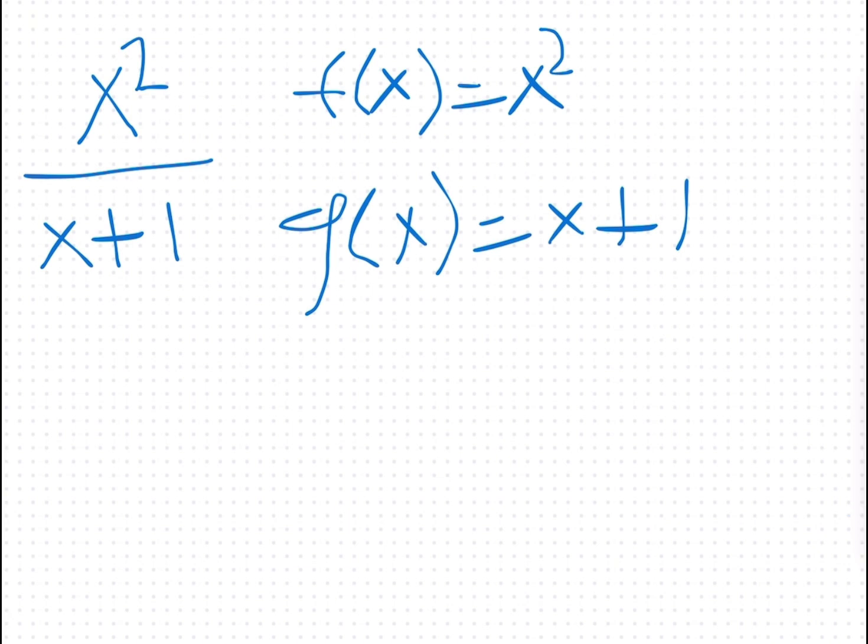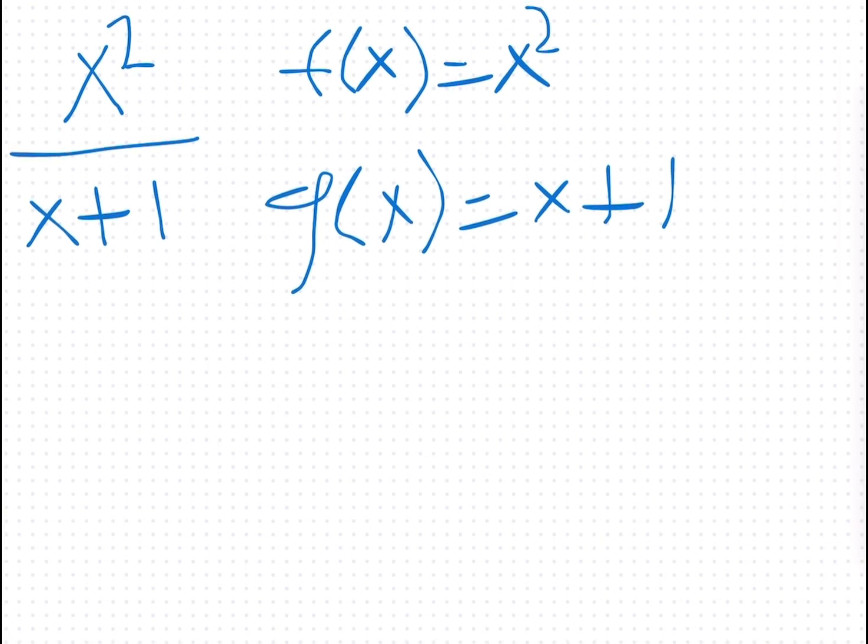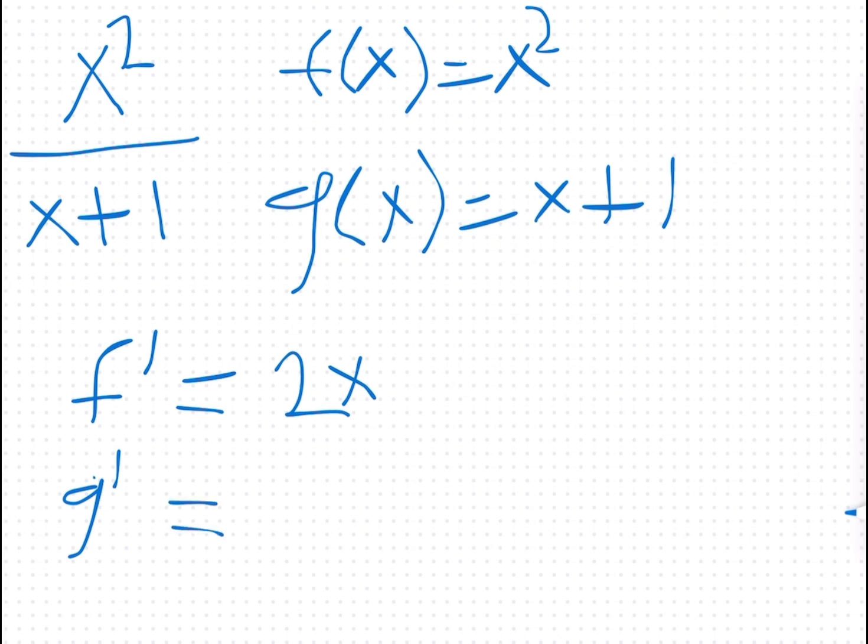The next thing that we'll identify is the f prime and g prime. The derivative of x squared is 2x because of the power rule. Then the g prime is 1.